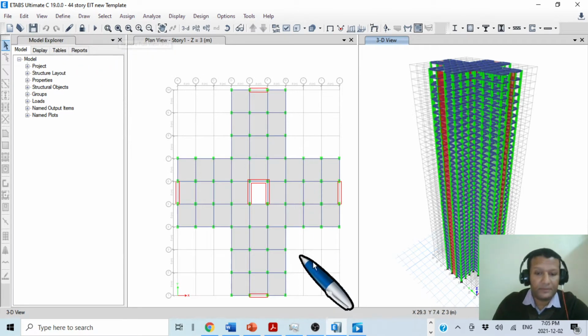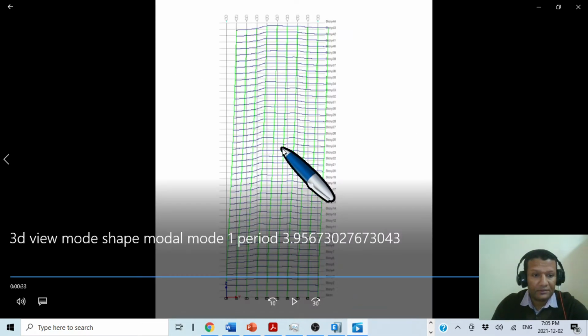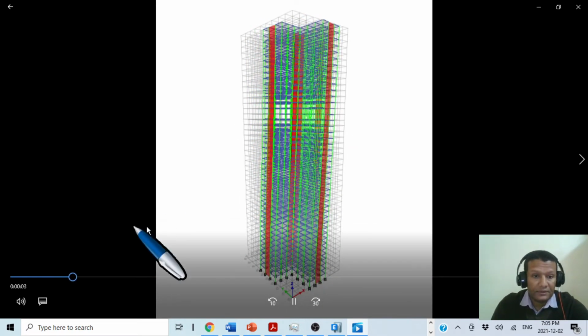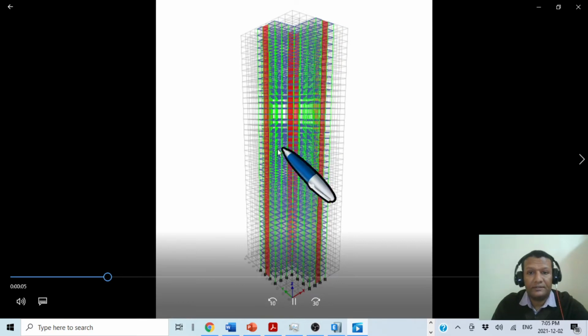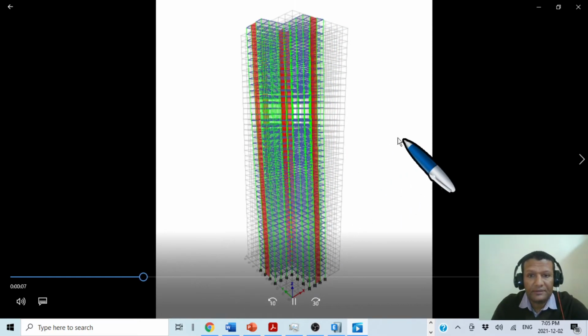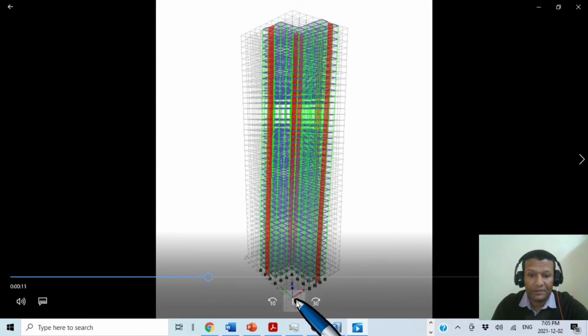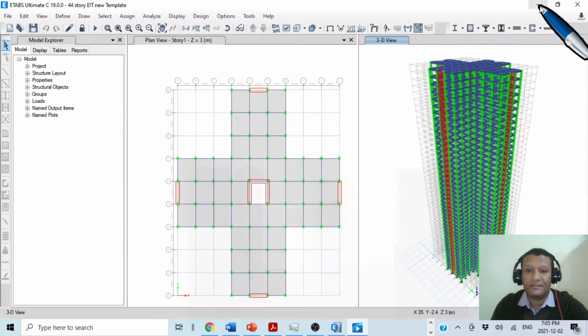These are some of the translational movements, the reactions. I will explain this in a minute.